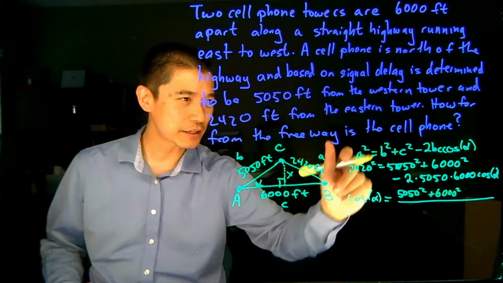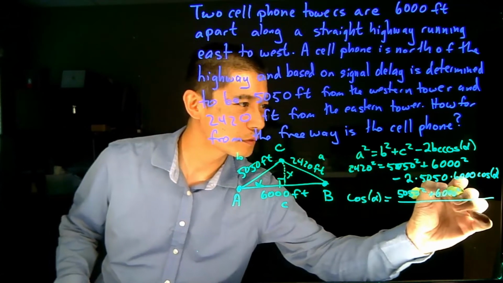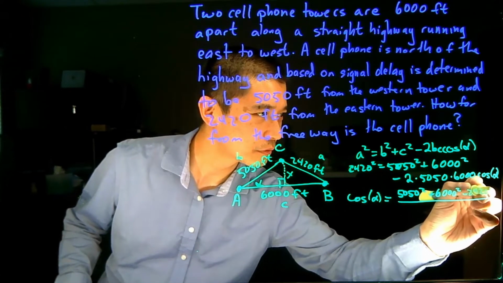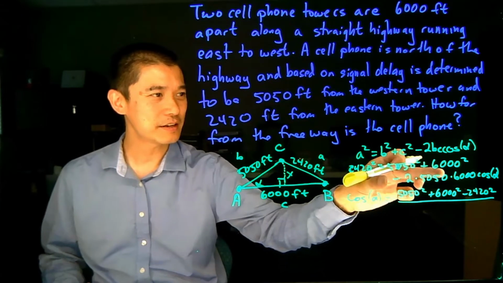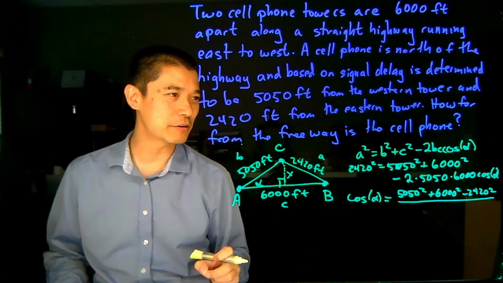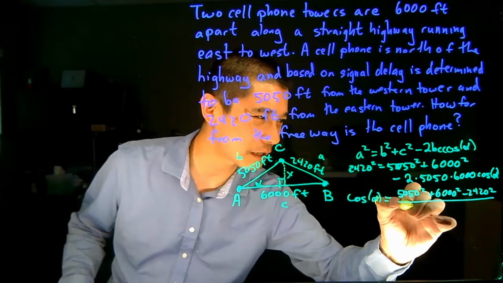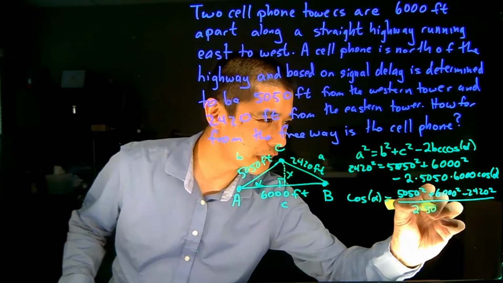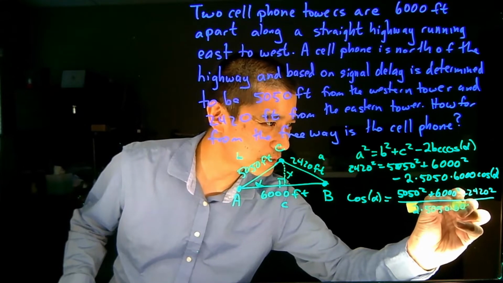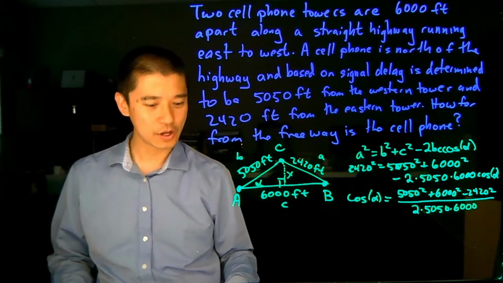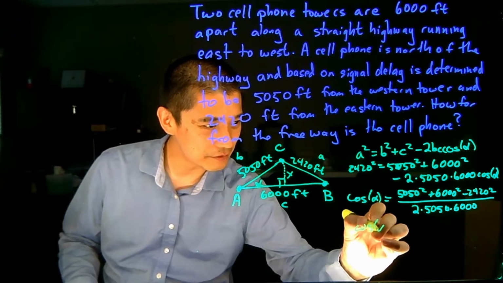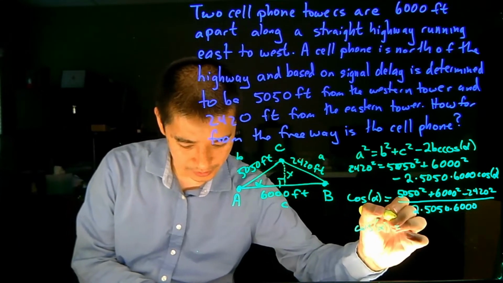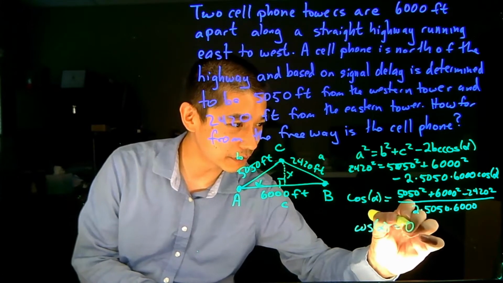We're going to subtract off the 2420 squared. And then since we moved this to the left side, this part right here becomes our denominator because we have to divide by that quantity: 2 times 5050 times 6,000. Right, so we're going to take this value, plug it into a calculator, and get cosine of alpha. This value turns out to be 0.9183.